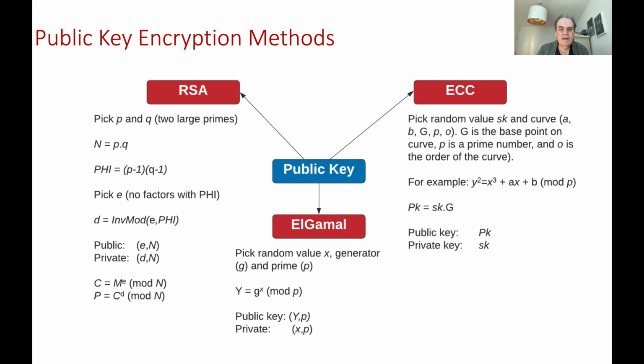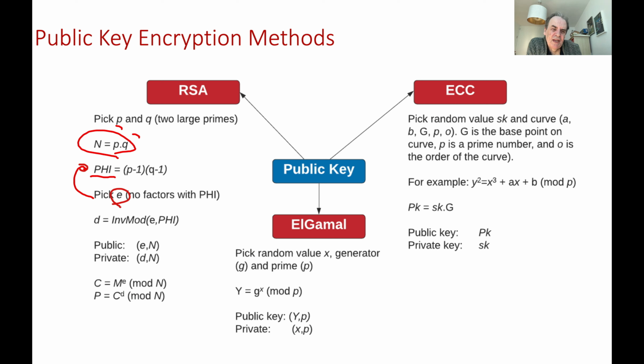So here are the three main methods that we have: RSA, Elgamal, and elliptic curve cryptography. With RSA, we take two prime numbers and we calculate a public modulus. We then compute a value of phi, which is p minus 1 times q minus 1. We pick a value of e that doesn't share any factors with phi.